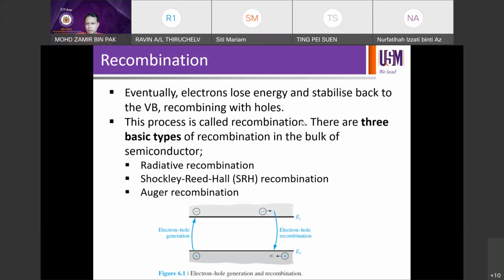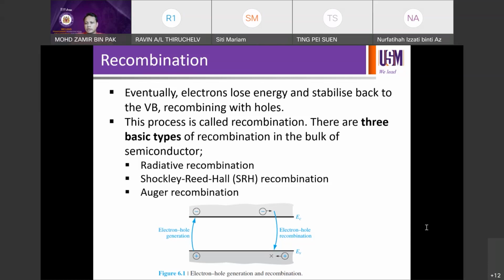We have also learned that radiative recombination normally happens in a direct bandgap semiconductor, like gallium arsenide, gallium telluride, indium phosphide, gallium nitride, and others. We typically don't have it in indirect bandgap semiconductors like silicon and germanium.